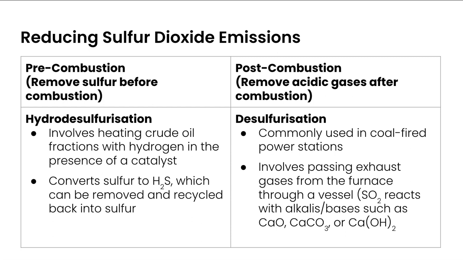And so the sulfur dioxide, instead of being pumped out into the environment, will then react with one of the alkalis or bases they use. So they use sometimes calcium oxide, calcium carbonate, or calcium hydroxide. And so it removes the sulfur dioxide from those gases before they get released into the environment.